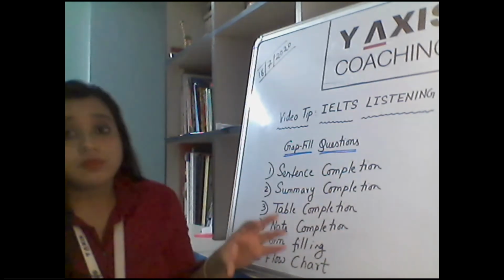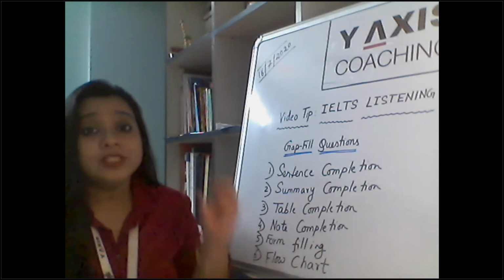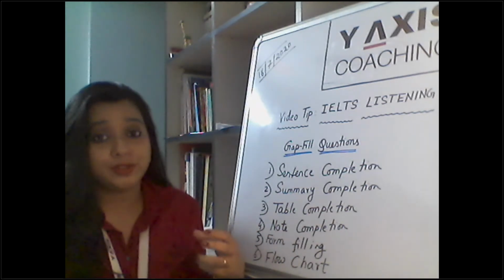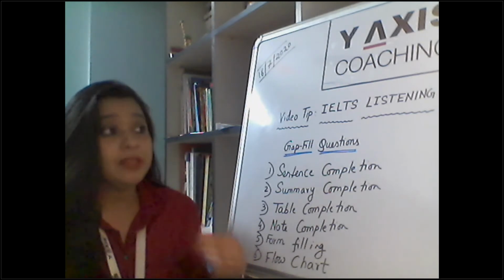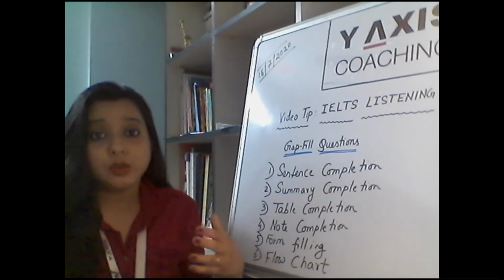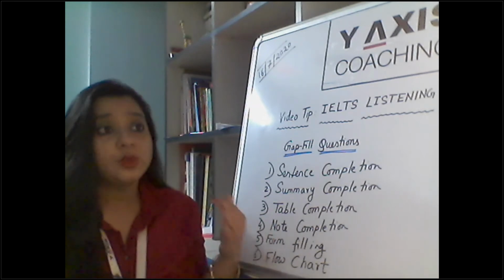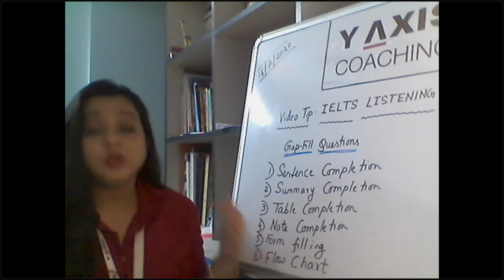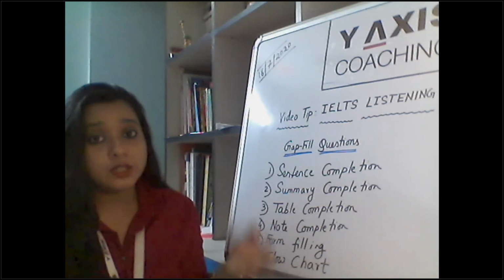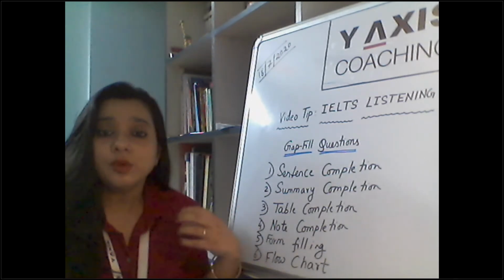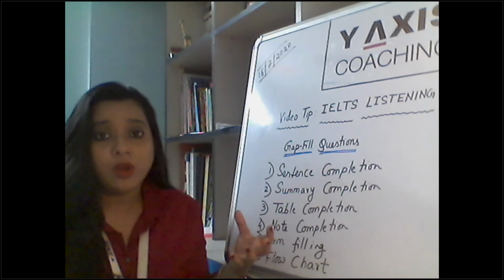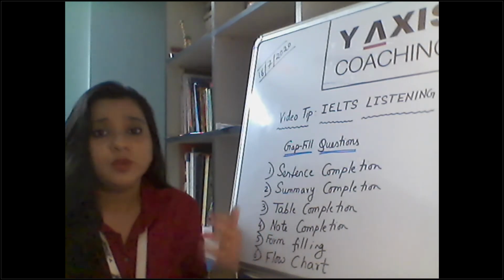Now, the gap fill questions will always specify how many words you have to write in order to fill in the blank. Generally they ask you to fill in the blank using no more than one word, no more than two words. It can also be no more than three words. When they ask for no more than one word, that means the correct answer should have only one word.